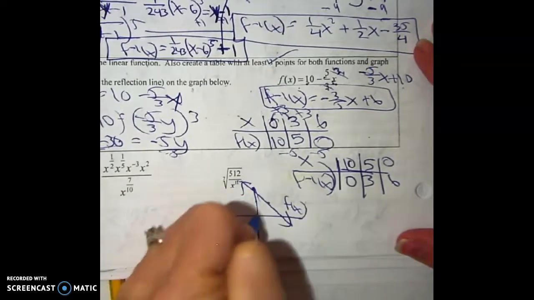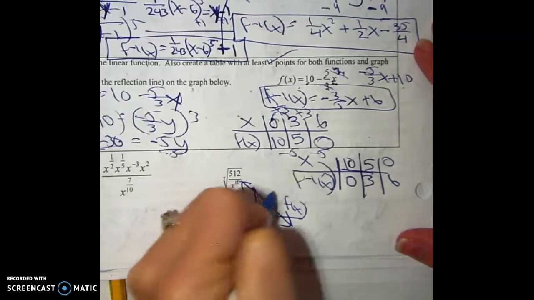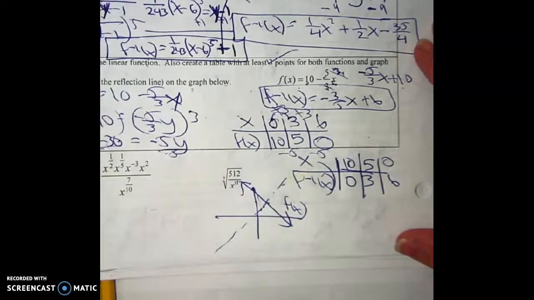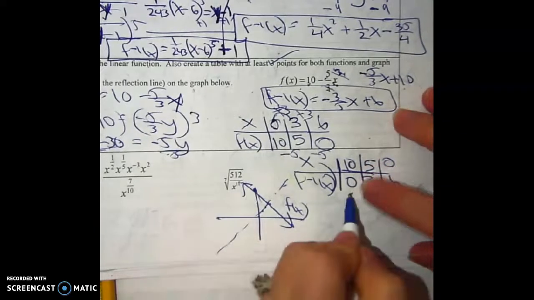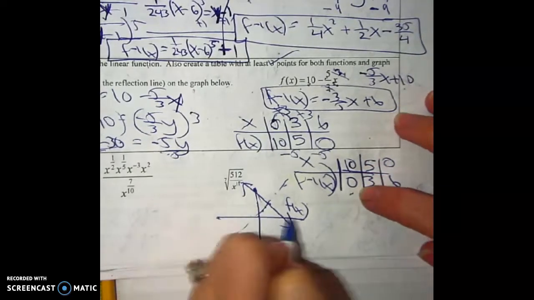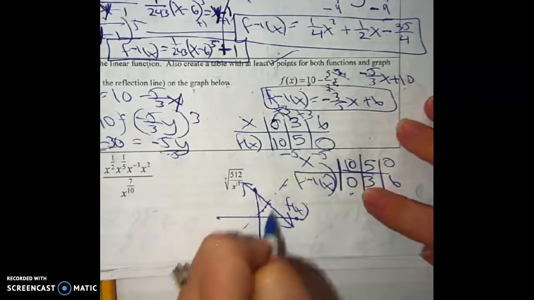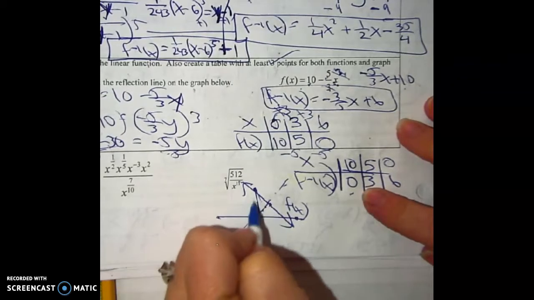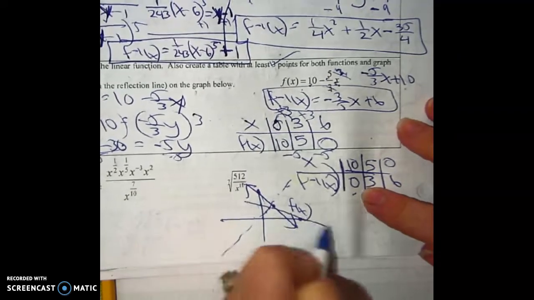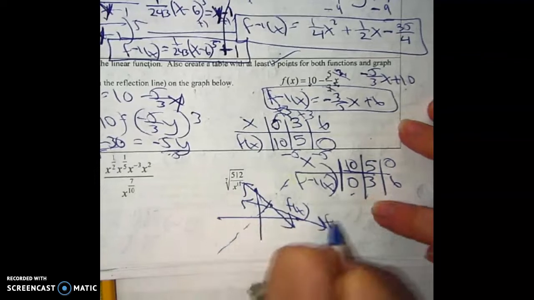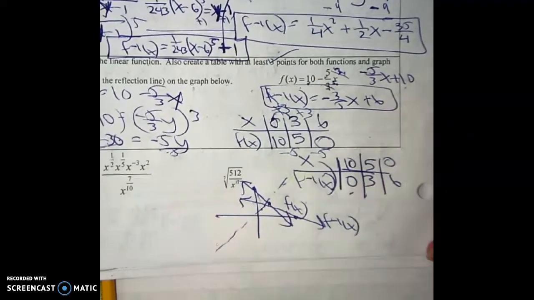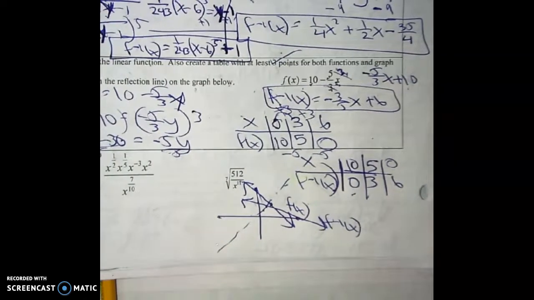Do my reflection line, 0, 0, 1, 1, 2, 2, 3, 3, dash, dash, dash. I could also plot the points, I realized. So I could go 10, 0, 5, 3, 0, 6. Wait, this is way too fake. Whatever. And f inverse of x. Okay? I think we're good.